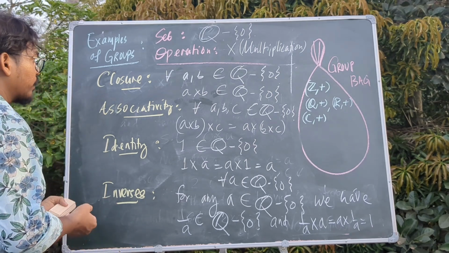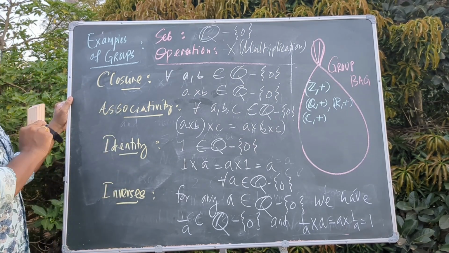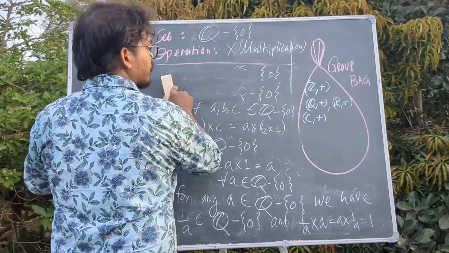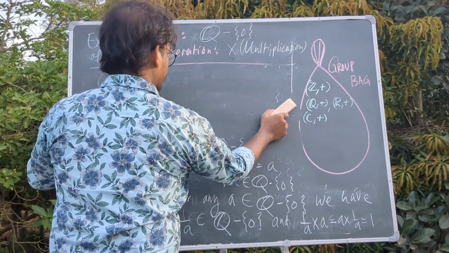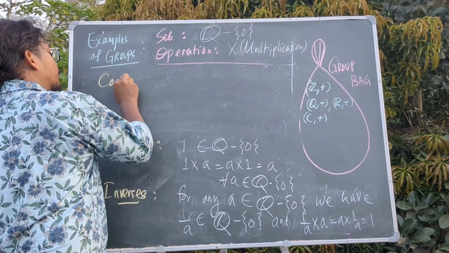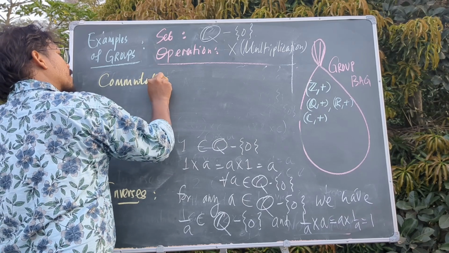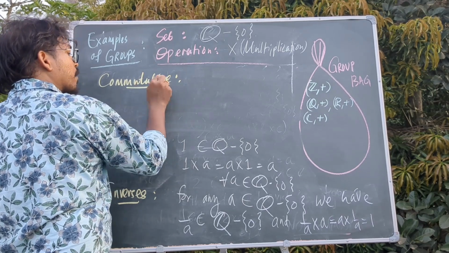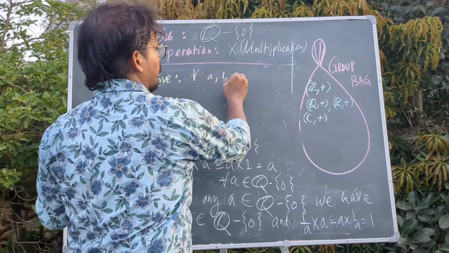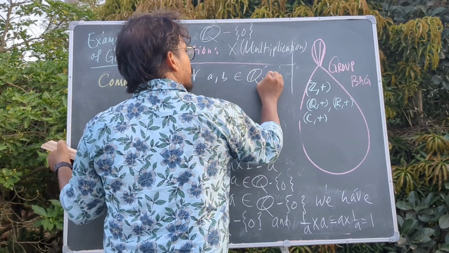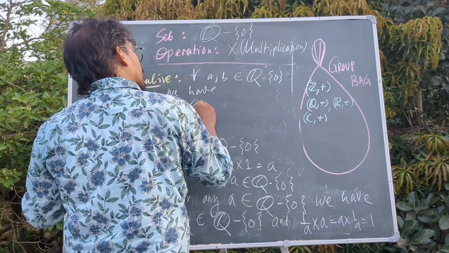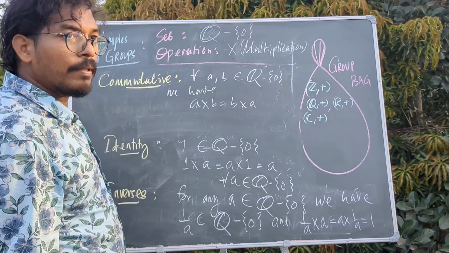Let me write it here. Let me read it. Please pause the video to note. Commutative. For all non-zero rationals a and b, we have a times b is the same as b times a, so it is an abelian group also.